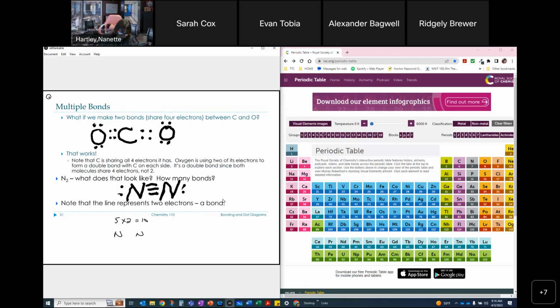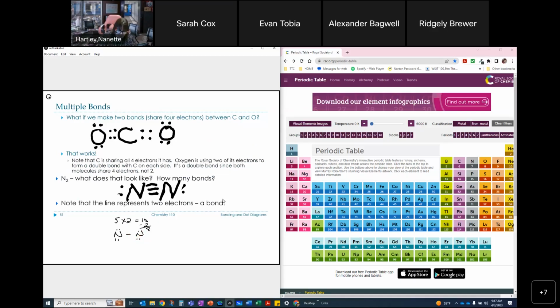I can do 1 bond between them, which takes up 2 of them. That leaves me with 8 to distribute, 1, 2, 3, 4, 5, 6, 7, 8. But if I do that, I have 1, 2, 3, 4, 5 on each, and neither one has an octet. That's not a great structure.